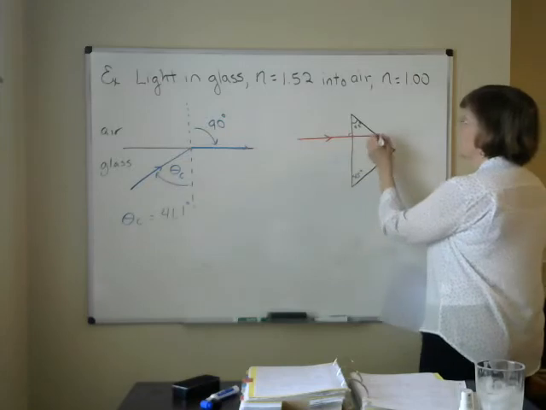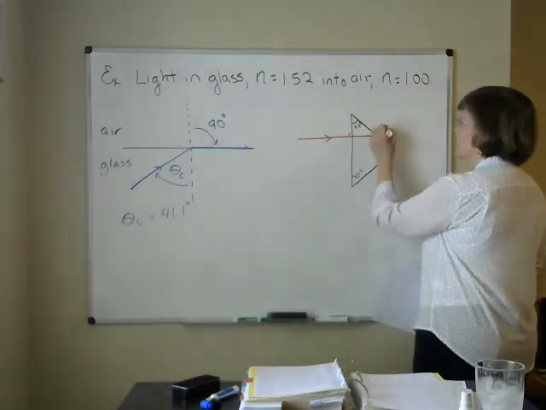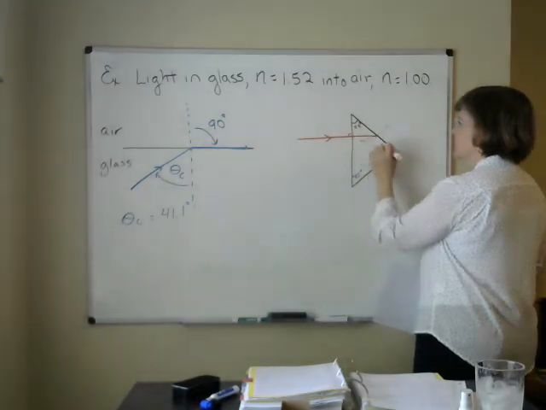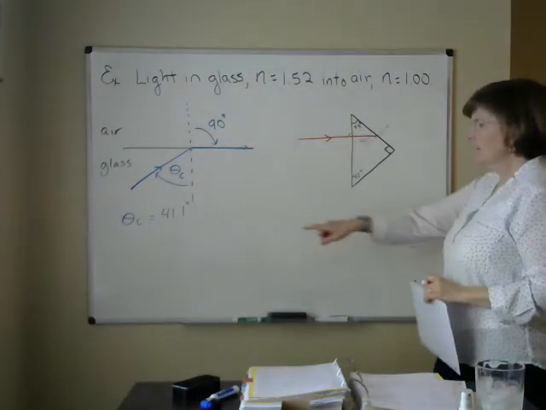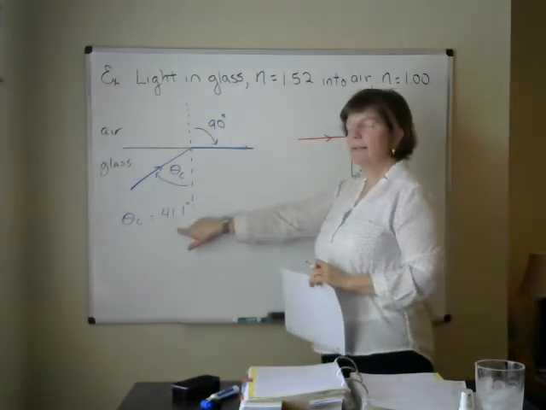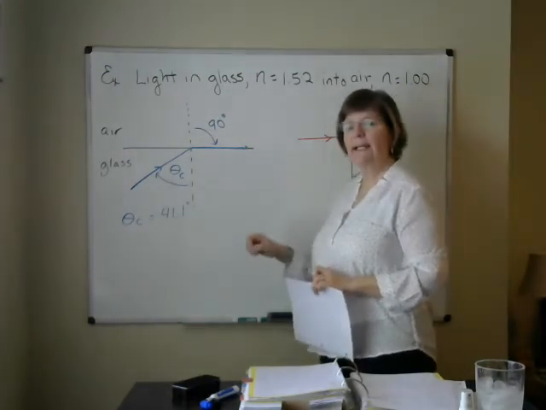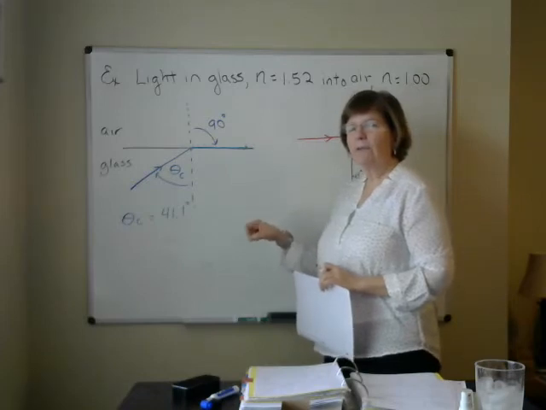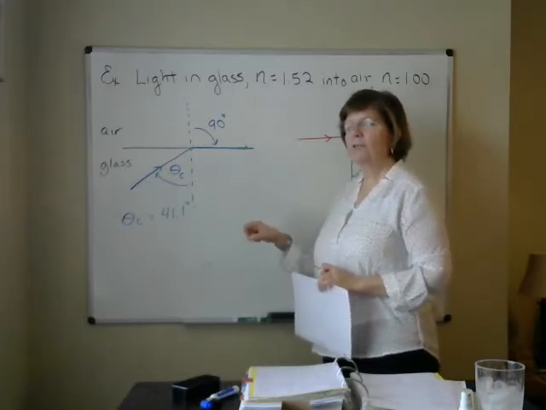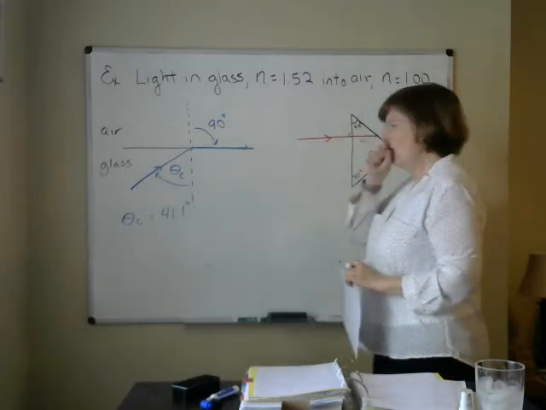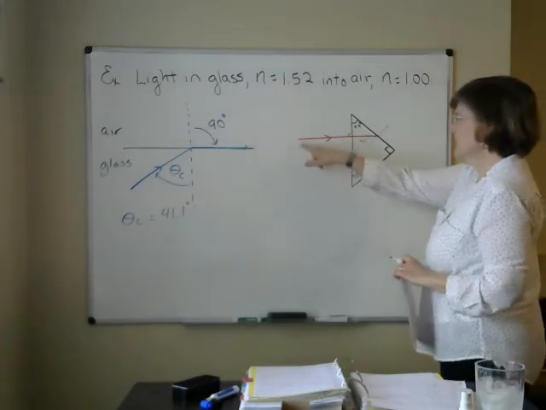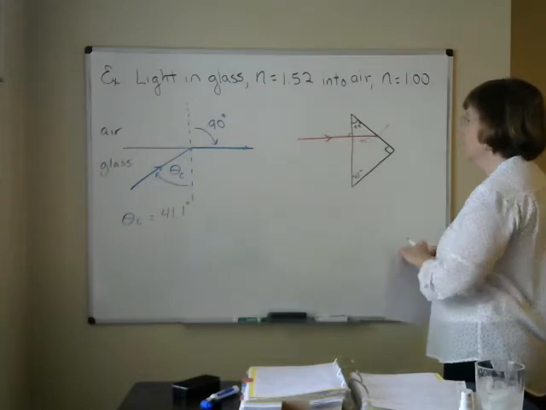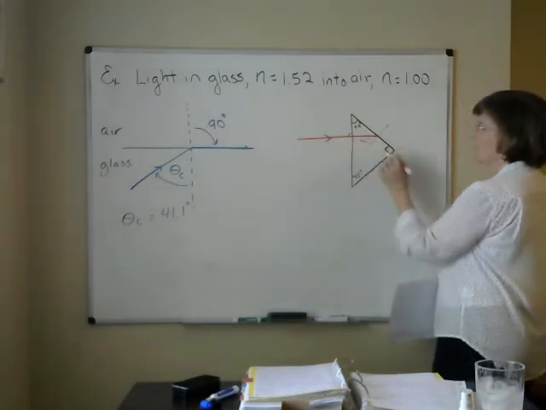But you'll notice that when I draw the normal here, that's 45 degrees. Well, the critical angle for this glass prism is 41 degrees. Anytime the angle of incidence is greater than 41 degrees, you get total internal reflection. Remember, this is incident at 0 degrees. Perpendicular is 0 degrees, so that went through no problem. But here we're at 45 degrees.